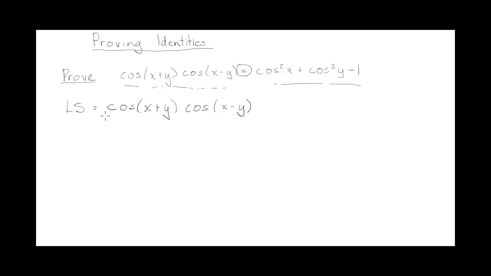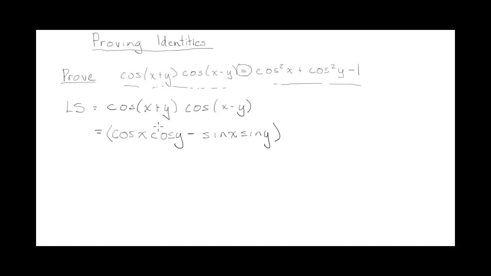In this case, I have two fairly straightforward trig identities I can use. I know that cosine(x plus y) is equal to cosine x cosine y minus sine x sine y.